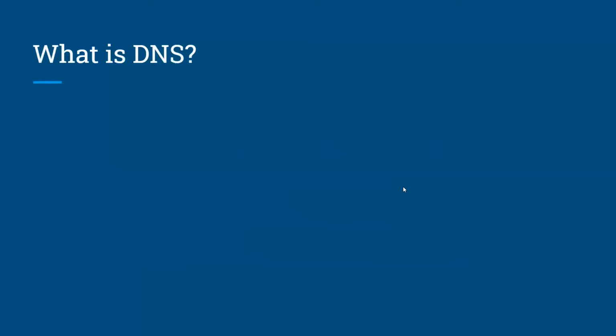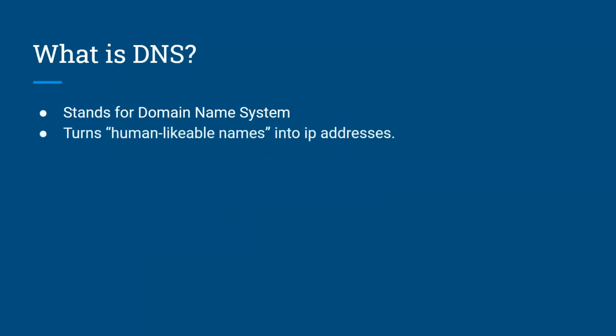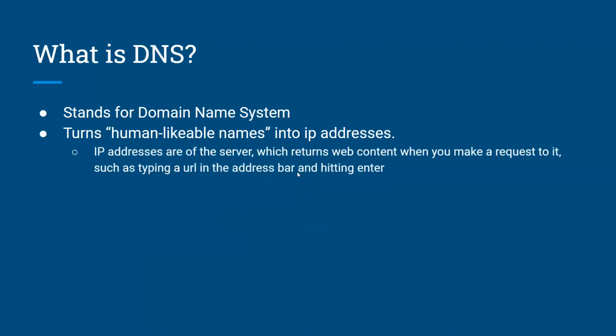So what is DNS? DNS stands for Domain Name System, and it turns basic domain names into IP addresses. And IP addresses are basically the actual location of the server.